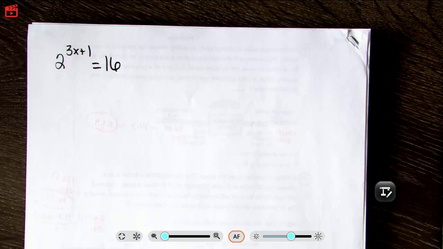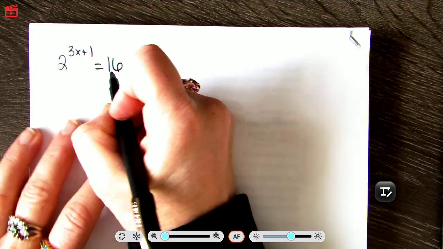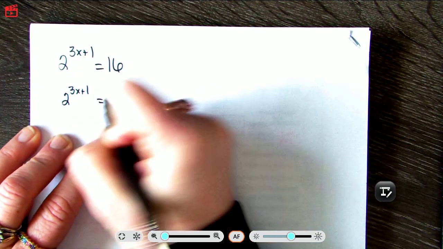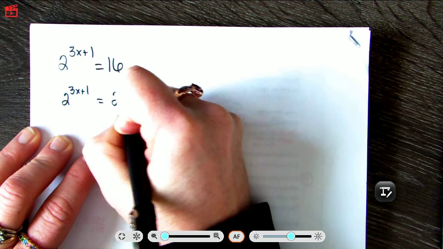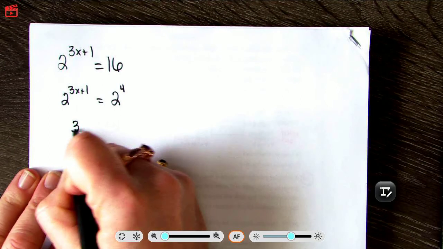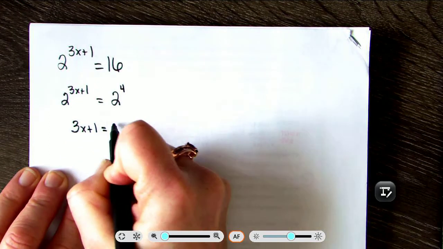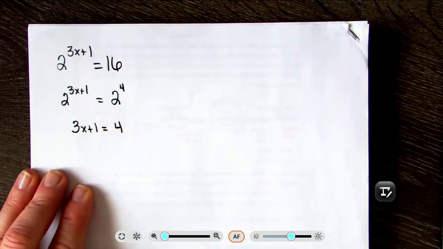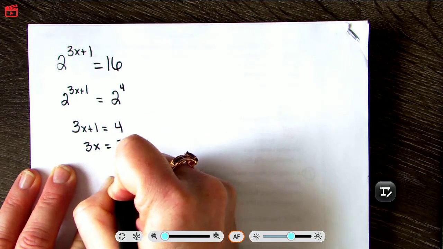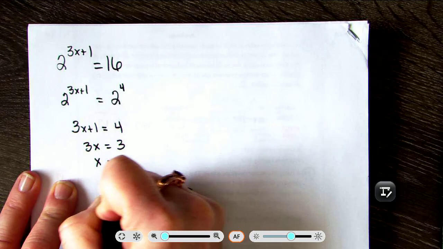Well, that's a power of 2. So I'm going to rewrite that 16 as 2 to the 4th. Which means my 3x plus 1 must equal 4. Subtracting 1. Dividing by 3.